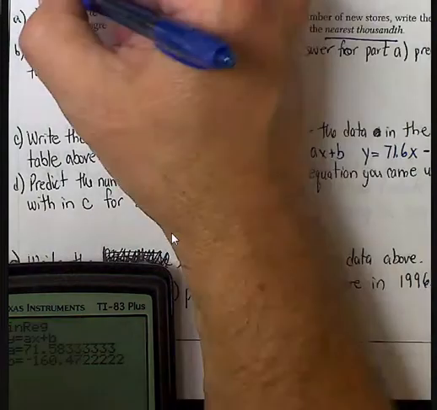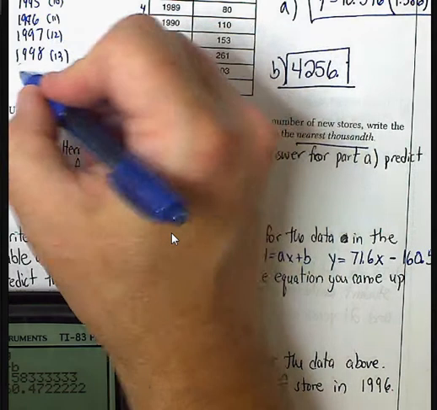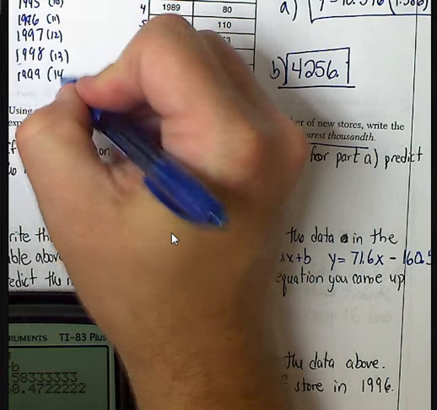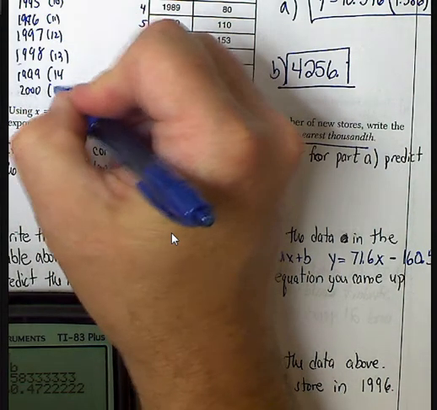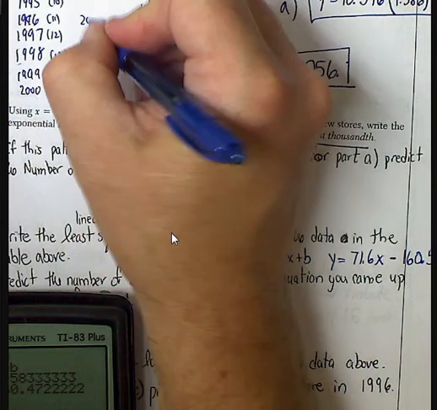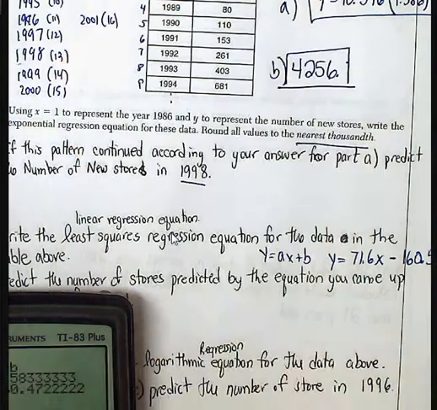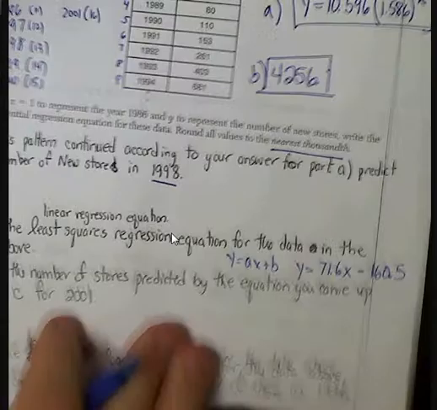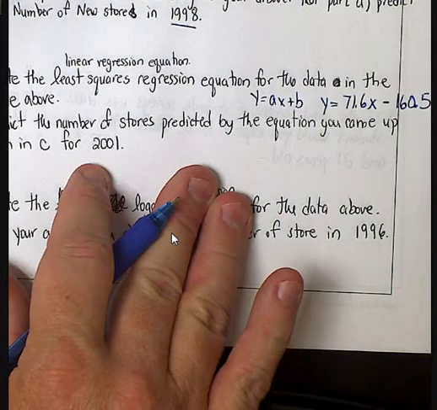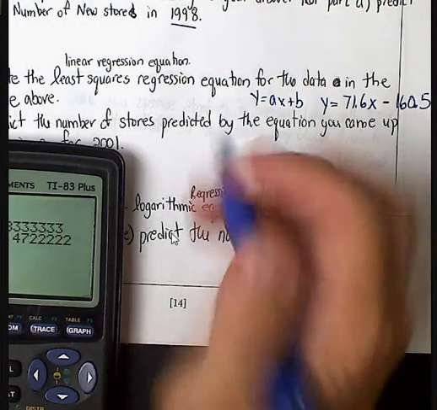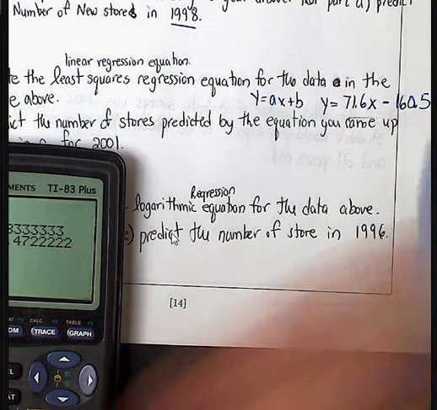So now we're going to keep going. So we'll come back up here. 1998, 1999 is 14, 2000 is 15, 2001 is 16, and that's what they want. So they want to know in 2001, which is 16. So again, there's your linear regression equation.